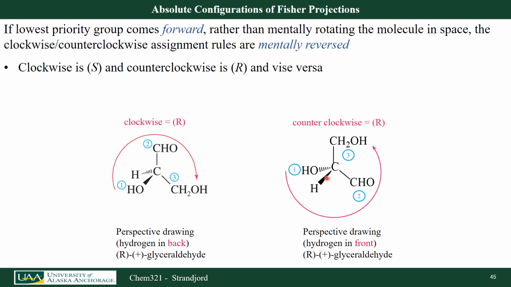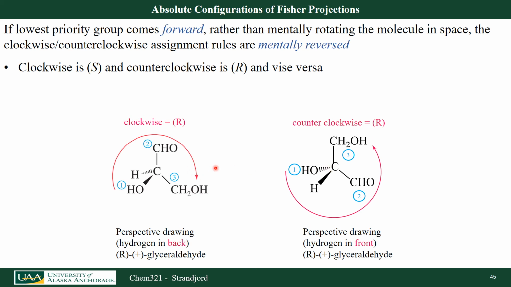In this molecule, my hydrogen is coming out of the board and I can't manipulate it in my mind to put it in the back. So if I have my lowest priority coming out of the board, I can then go 1, 2, 3. It shows that it's going counterclockwise, and I would call that S, but my lowest priority is coming out front, so I know it's got to be the R enantiomer.